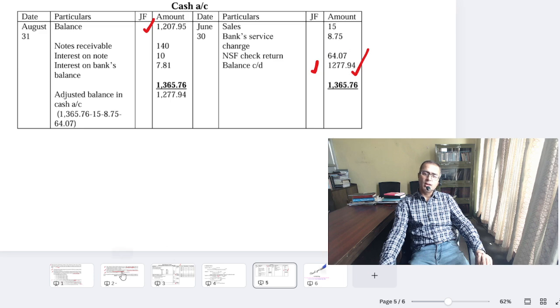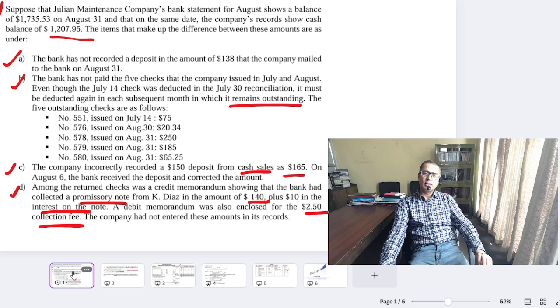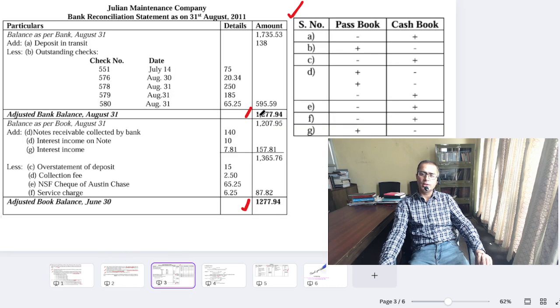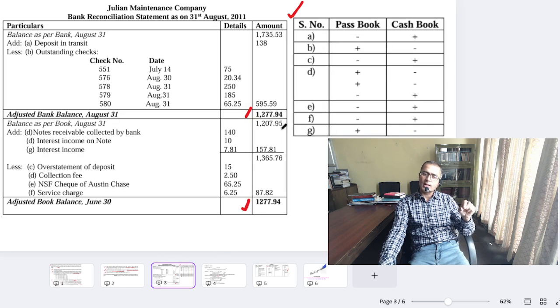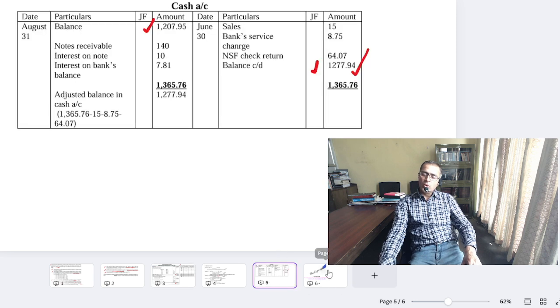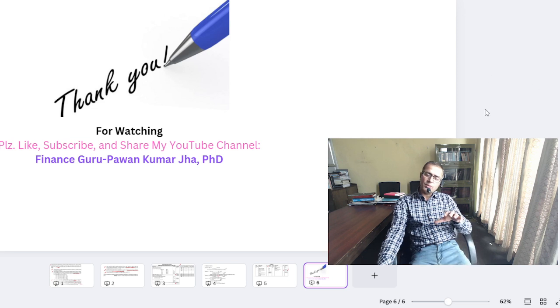Look at the term, that is the balance as per, we say that, yeah, that is 1206. This is our adjusted figure, right? As we discussed earlier, 1277. So your adjusted balance is 1277, which must be exactly the same as the adjusted balances.